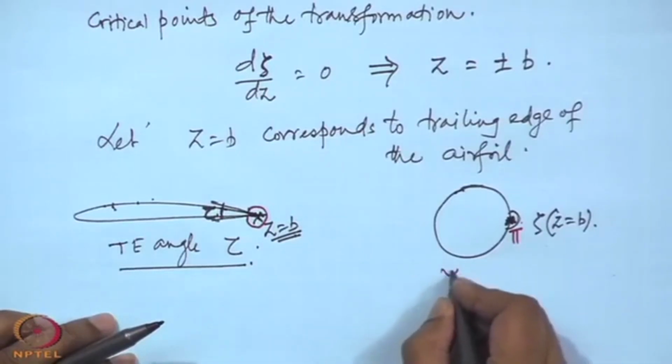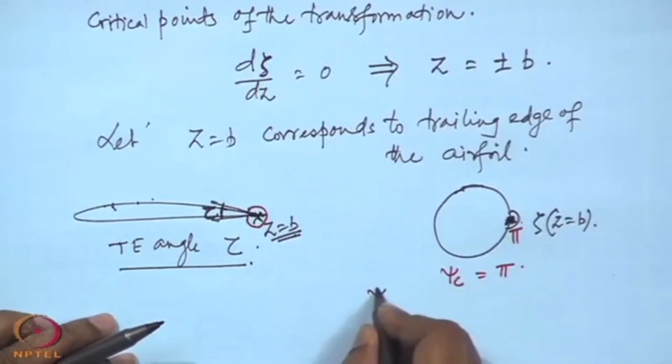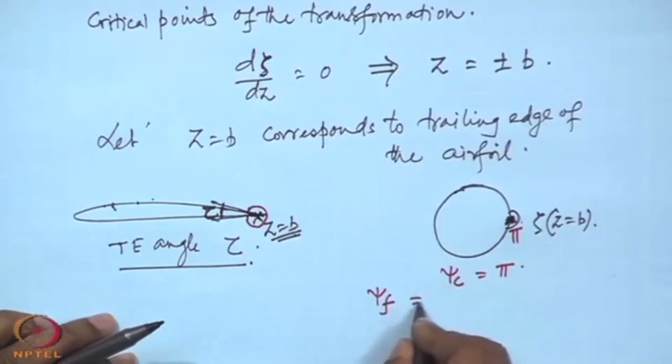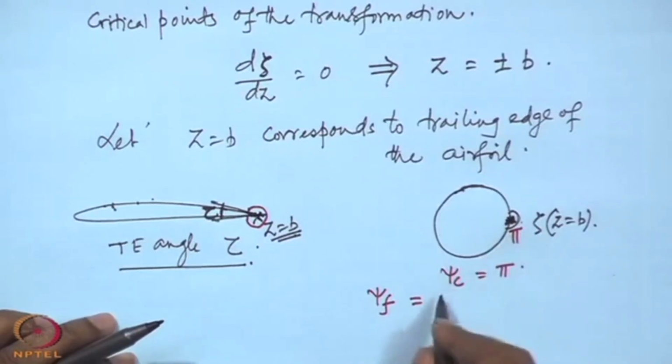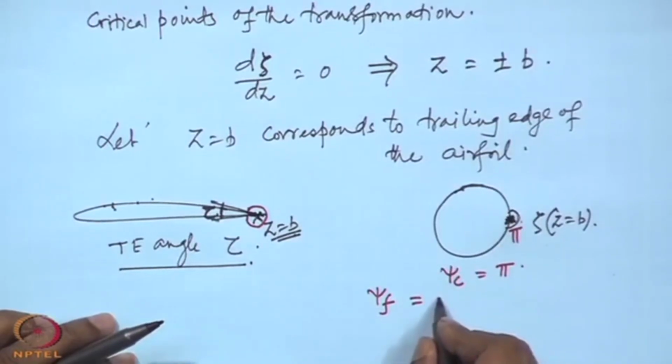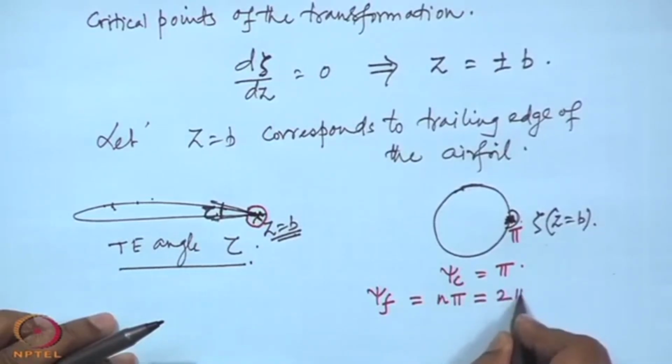So, psi c equal to pi, then on the airfoil, psi f, or psi will make a confusion. Do not think it is a stream function angle. Psi f will be n into pi and that equals 2 pi.